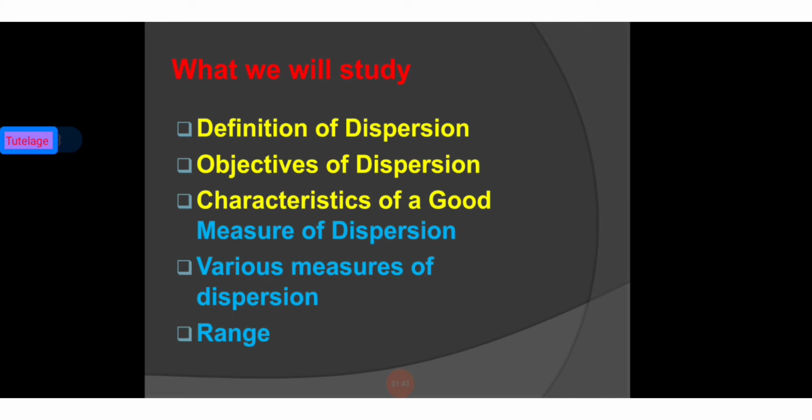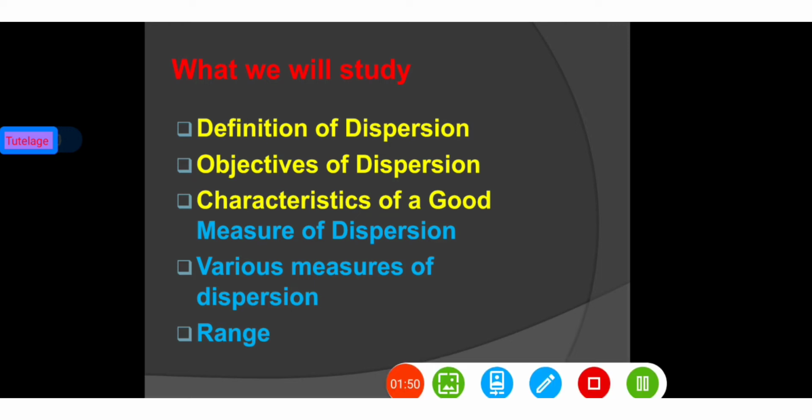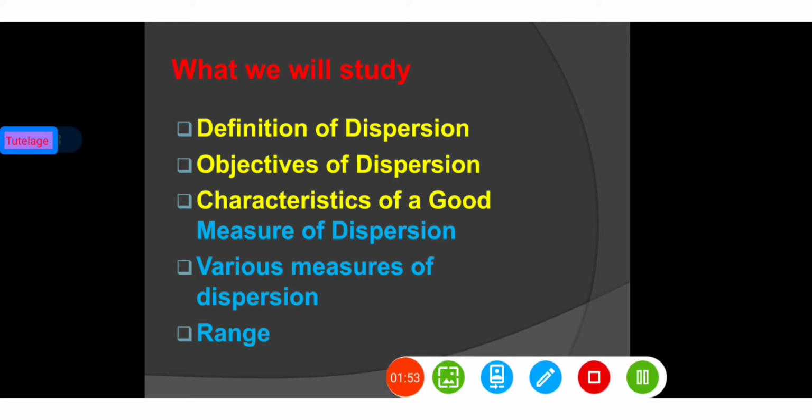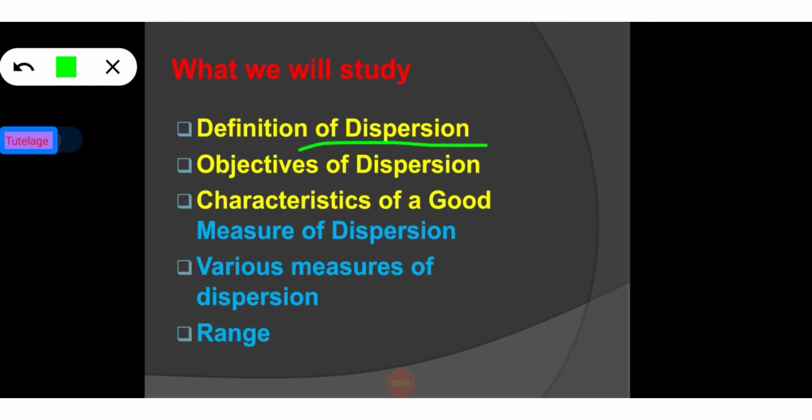So here we can see some subtopics which we will study today. One of the most important subtopics and basic concepts of this chapter is the definition of dispersion. Going to the second topic, that is objectives of dispersion, and moving on to the third one, that is characteristics of a good measure of dispersion, and the fourth one is various measures of dispersion, and there are two types of various measures of dispersion.